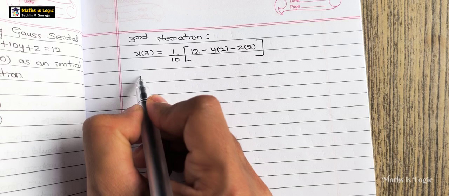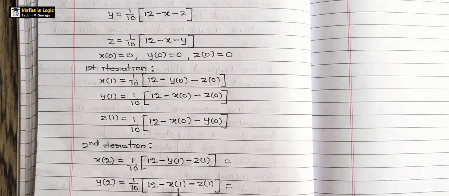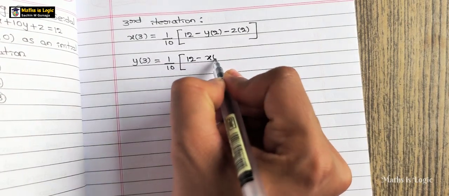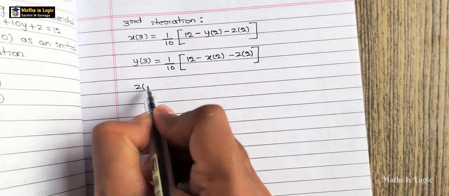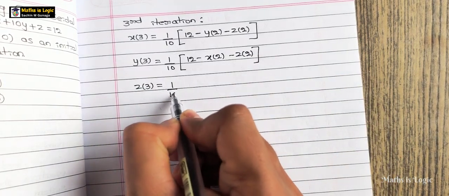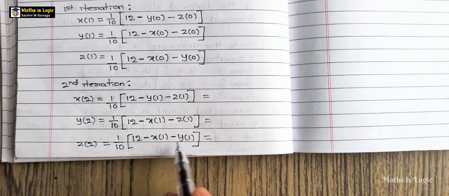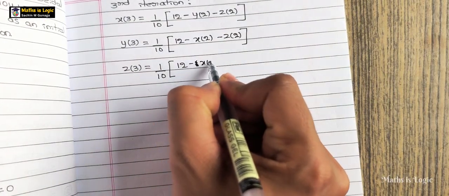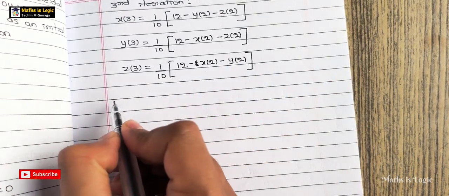Next, similarly y3 is equal to 1 divided by 10 into bracket 12 minus x2 minus z2. Similarly, z3 is equal to 1 divided by 10 into bracket 12 minus the last one x2 minus y2. So this is the third iteration. Next, fourth iteration.